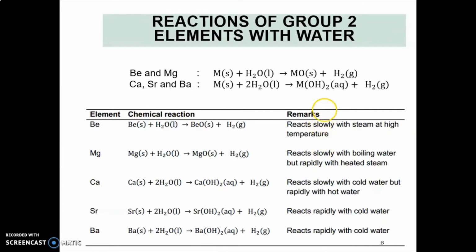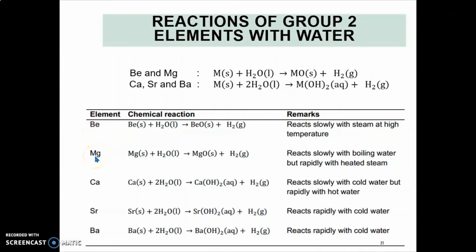All alkaline earth metals also react with water under suitable conditions to form their respective oxide or hydroxide, and produce hydrogen gas.